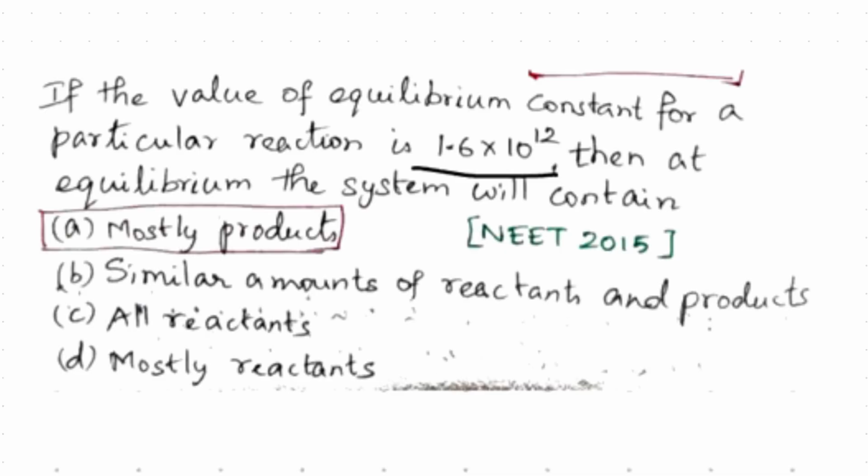If the equilibrium constant value is greater than 10^3, if K is greater than 10^3, then the reaction will proceed to completion and the reaction mixture will contain mostly products. Now let us go to the next question model.